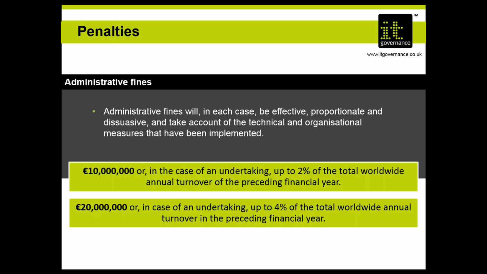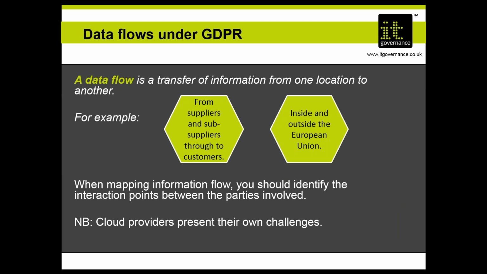But as the transition carries forward and as misdemeanors or transgressions occur under the GDPR compliance requirements, we will begin to expect to see fines, and the number of fines mounting through the course of next year. So given that, it makes sense to be sure that you know what personal data you're processing, that you're processing it in accordance with the law, and that you're able to protect it.